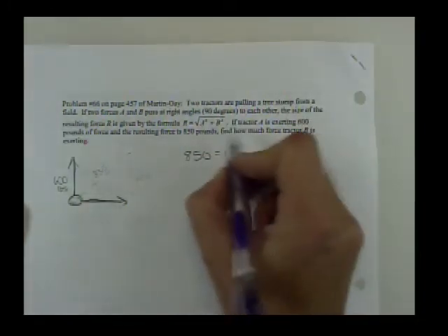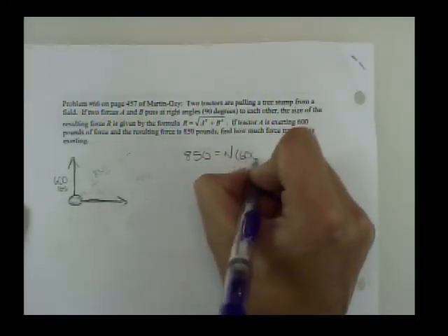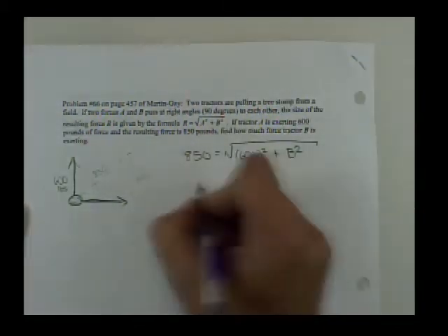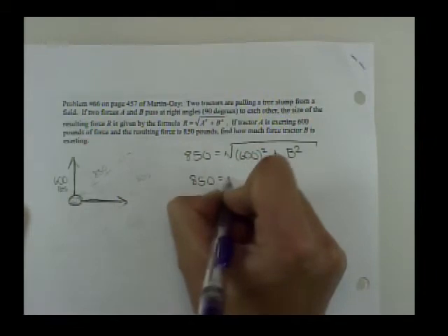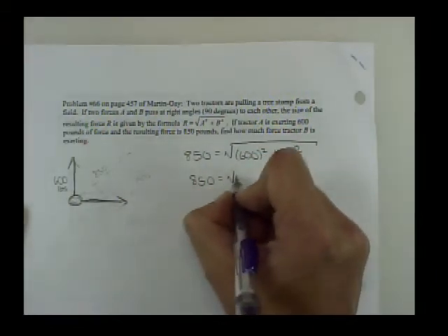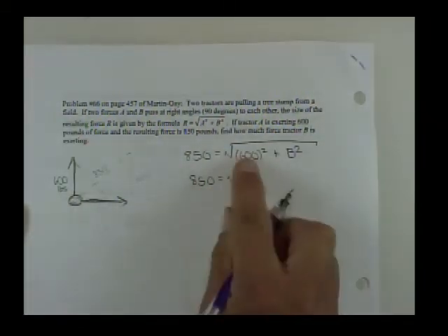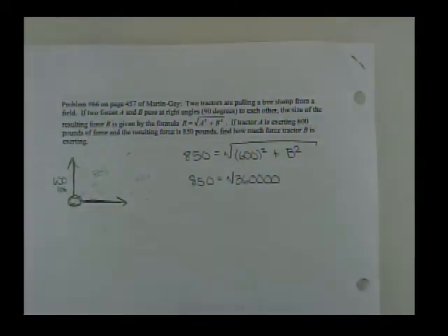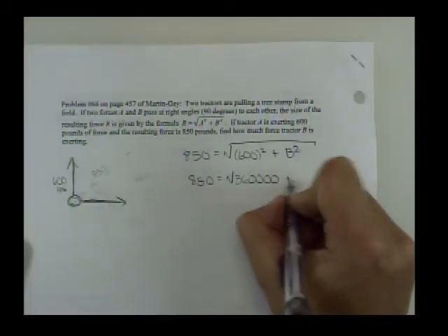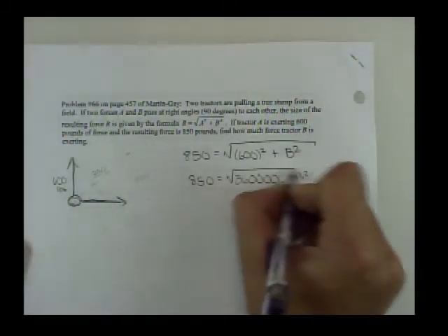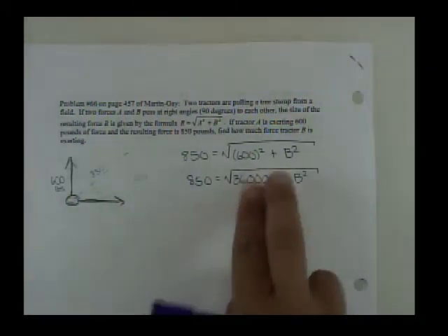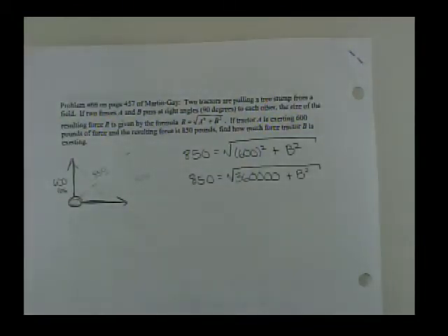Square root, and then A is 600 squared plus, and then we're trying to find B. 600 squared, well, 6 squared is 36, and if you have 2 zeros and you're squaring, you're going to end up with 4 zeros. You can do it on your calculator, though, too. Plus B squared. If it was just the square root of B squared, yeah, you could, but not when there's a plus in.